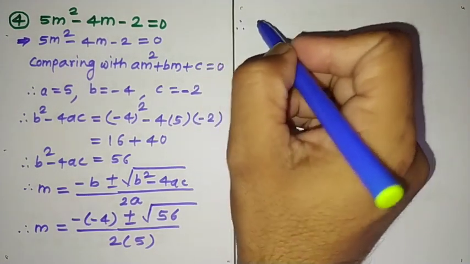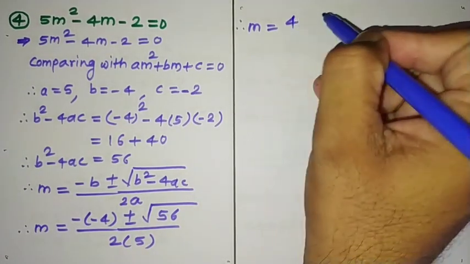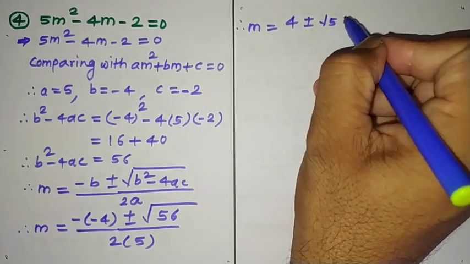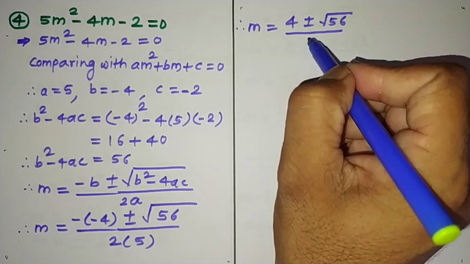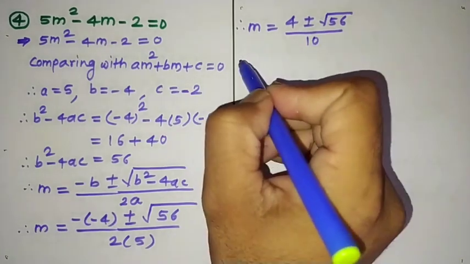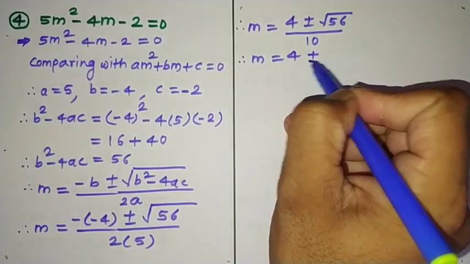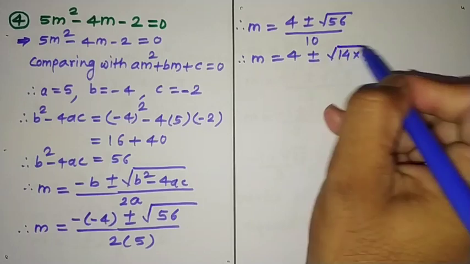Therefore, m is equal to minus minus plus 4 plus minus root 56 upon 2 5s are 10. Therefore, m is equal to 4 plus minus 14, 4 14s are 56.